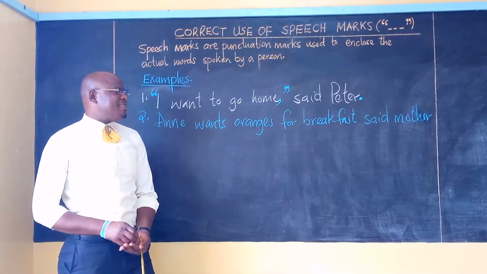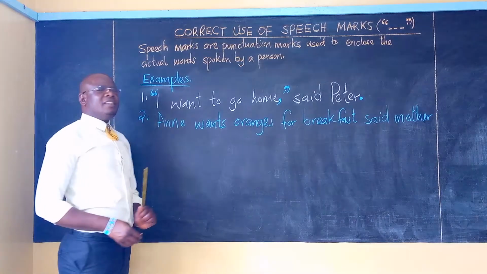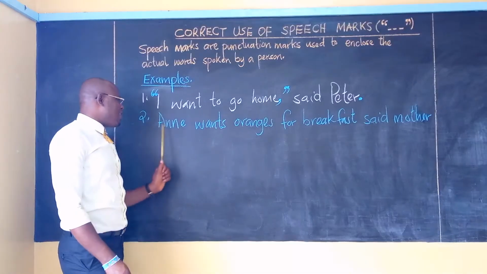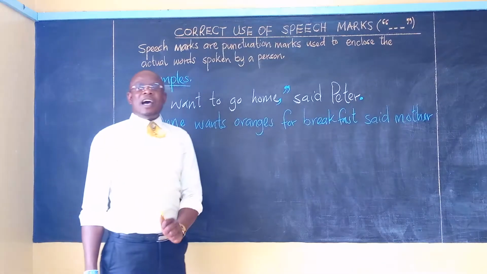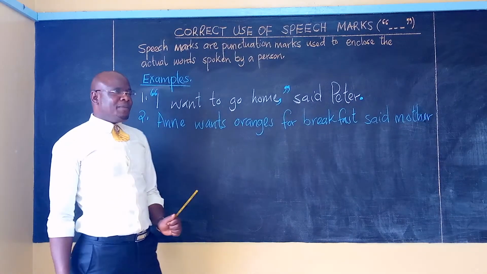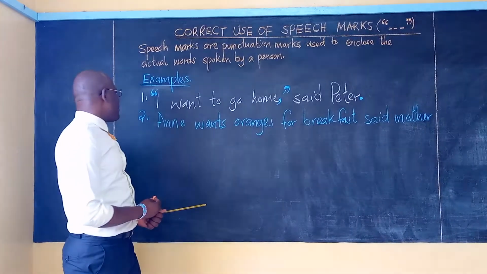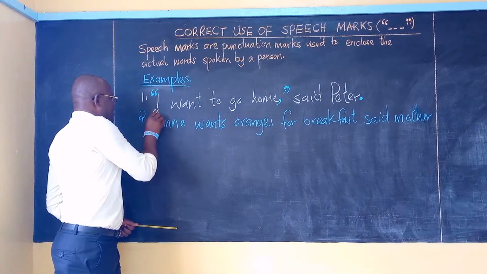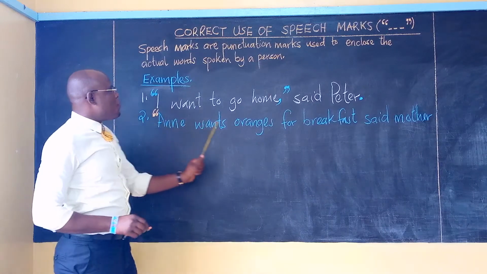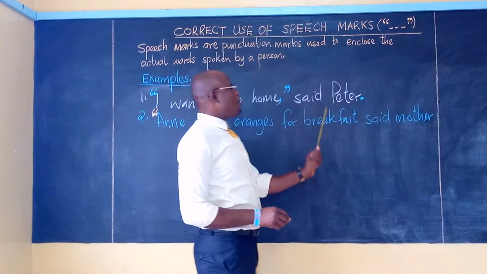How do we punctuate this sentence? Which are the actual words? The actual words are Anne wants oranges for breakfast. Those are the actual words that mother said. So you enclose them using the speech marks. Put the open speech mark. Anne wants oranges for breakfast.